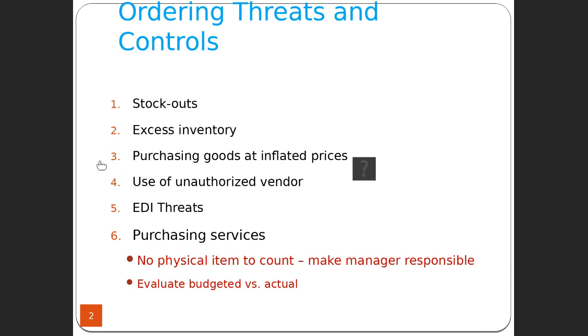You have number 3, which is purchasing goods at an inflated price. Buying the exact same item from a vendor, from a supplier that sells it for a higher price, is going to lower your profit because you're paying more than what you should for the item.